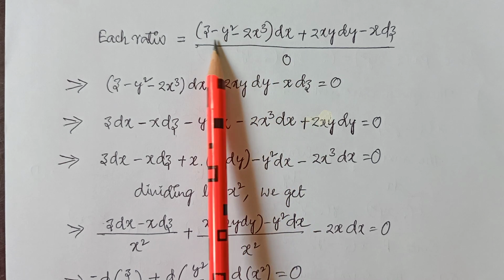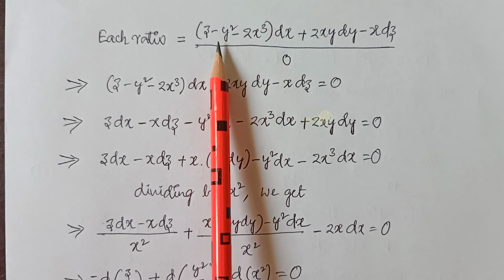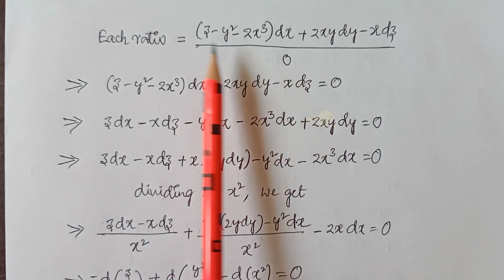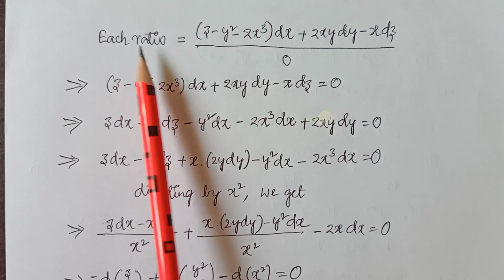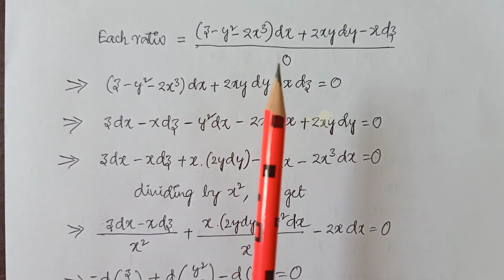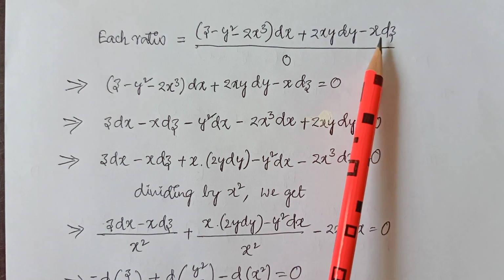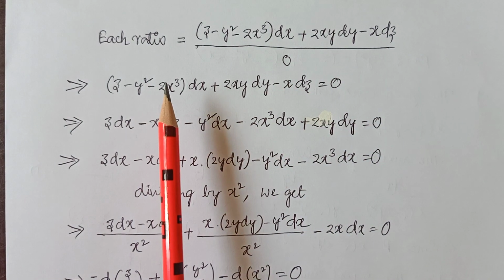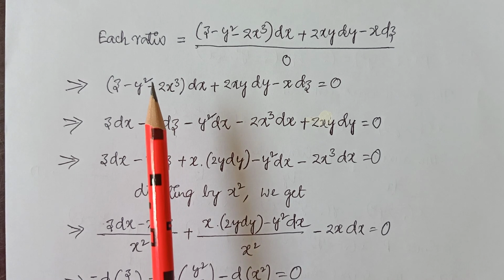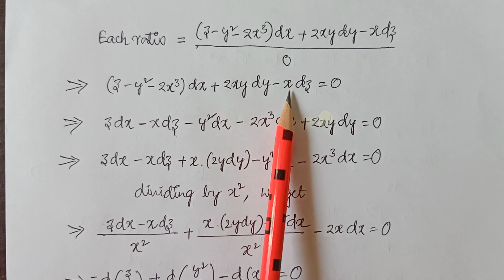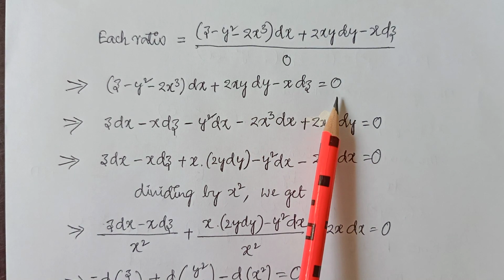It is z minus y square minus 2x cube into dx plus 2xy into dy minus x dz. Take that 0 to this side, so this will be 0. So LP plus MQ plus NR is equal to 0. That means L dx plus M dy plus N dz is equal to 0. Whenever LP plus MQ plus NR is equal to 0, simply remember L dx plus M dy plus N dz is equal to 0.